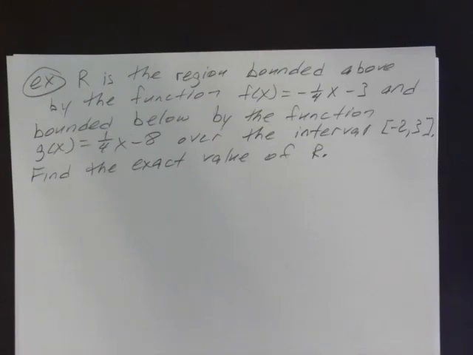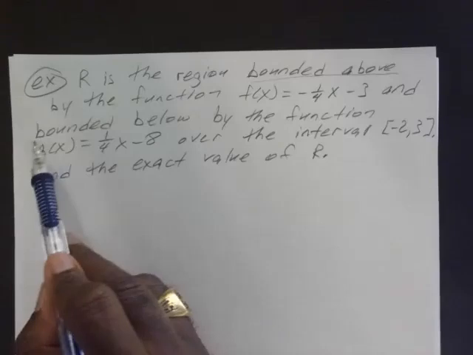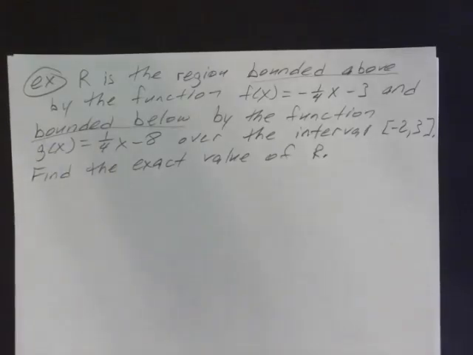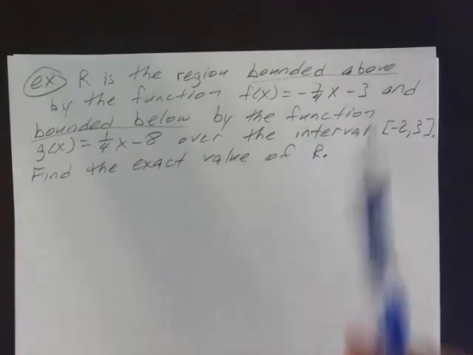Okay. Now, these questions are actually the easy ones because they tell you it's bounded above and bounded below by which function. So we already know the bounded above function will come first.